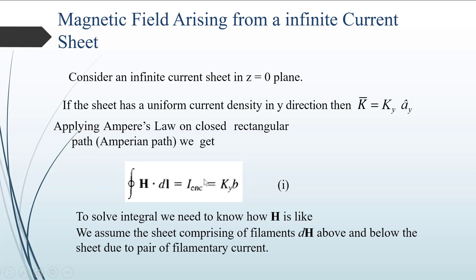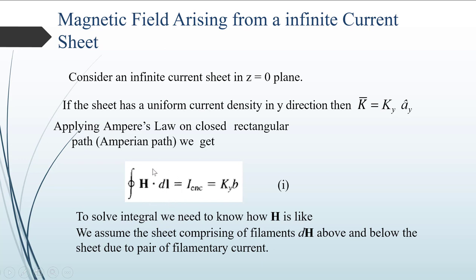But I is nothing but surface current density, that is Ky, multiplied by the length of the surface, that is B. Because Ky is in ampere per meter and B is the length of the sheet, if we multiply this current density by the length, then we will get I enclosed. And that is also equal to the closed integral of H bar dot dl bar.